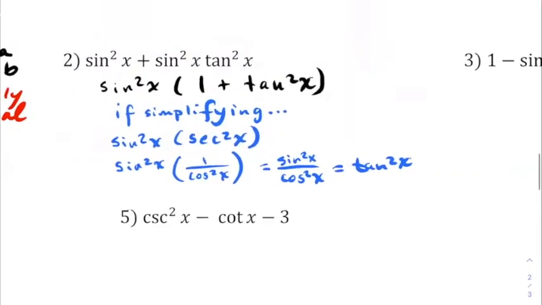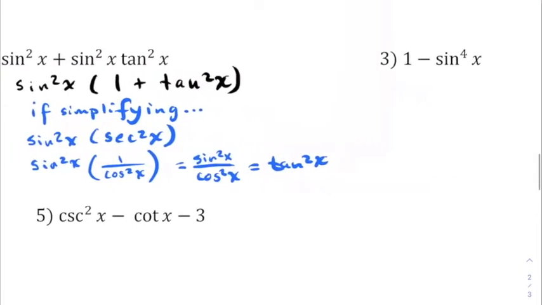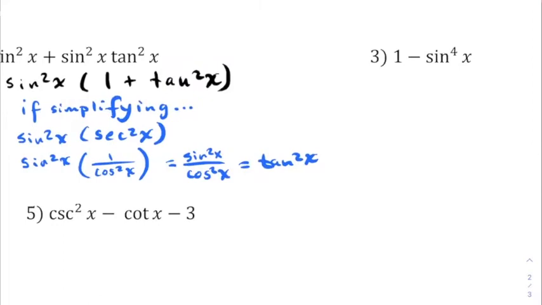And if you want to just keep trying these on your own, feel free to just do so, but I'll work through these. 1 minus sine to the 4th x. Well, okay, for something like this, if you really thought about this kind of structure here, you could rewrite this as a difference of squares, right?